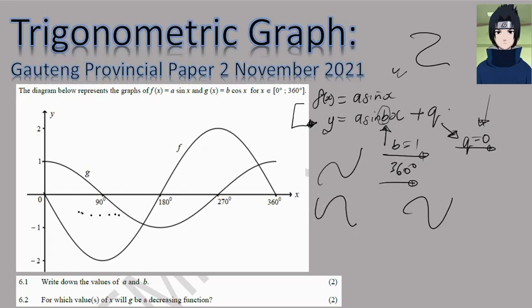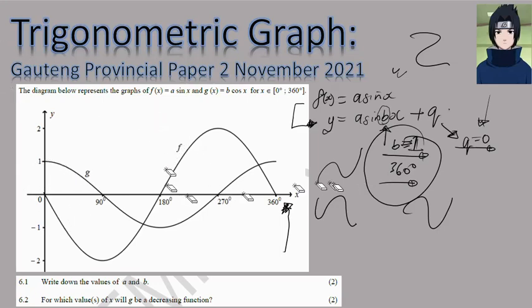We see this one here, and it's even marked for you that this is the graph of f, the one that forms an S wave. It starts here at 0 degrees and the wave ends here at 360 degrees. So it makes sense that in a 360 degree cycle, our b value is 1 because we get only one wave in a 360 degree cycle as it appears on this diagram.